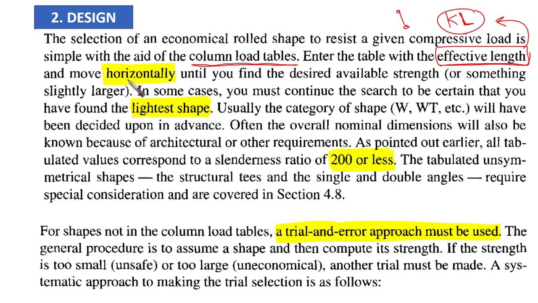And then we're going to move horizontally until we find the desired available strength, or something slightly larger. Again, we move horizontally because we are using the column load tables. This is the way, as we are going to see in the examples.